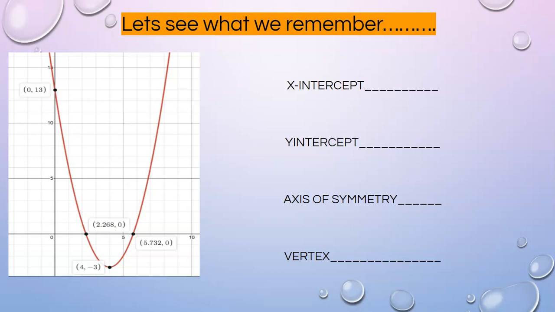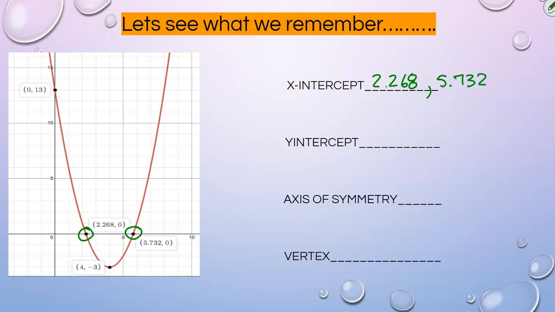All right, so very briefly, the x-intercepts are the points where it crosses the x-axis. So in this case, we have two x-intercepts, one at 2.268, and the other x-intercept at 5.732.